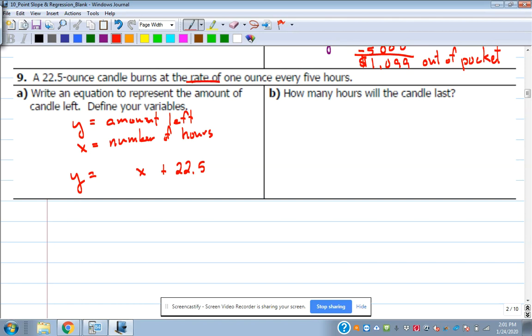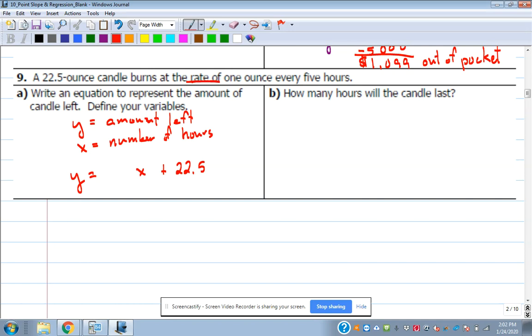Percentage. Think about it in terms of linear equations and the slope-intercept form that we're dealing with. Well, part of it also had the name rate of change. Slope and rate go together. So this one says the rate of 1 ounce every 5 hours.